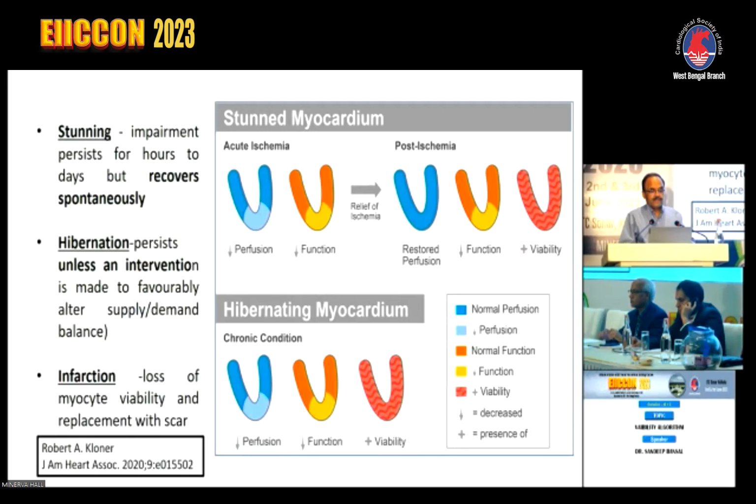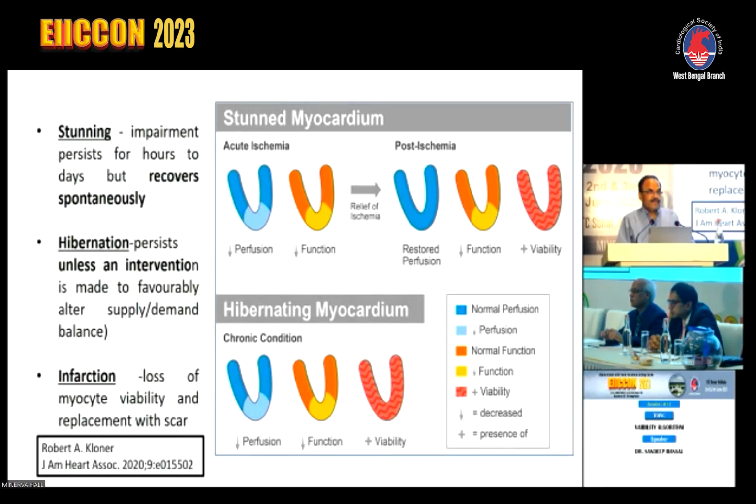And this entity, when you have a restored perfusion, but you continue to have a myocardial dysfunction, is known as myocardial stunning. On the other hand, if you have a reduced perfusion and you continue to have reduced perfusion, the function of the ventricle continues to be hypofunctional.